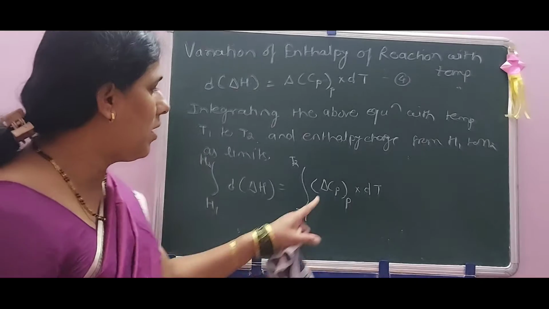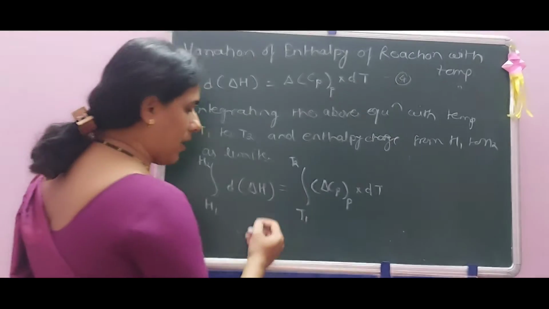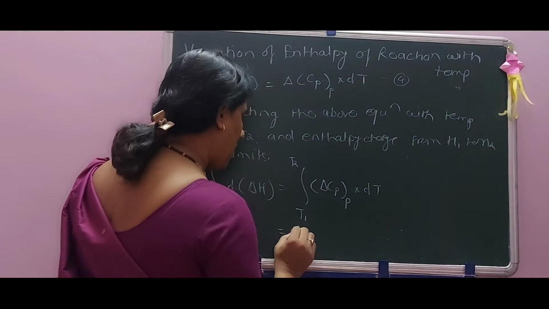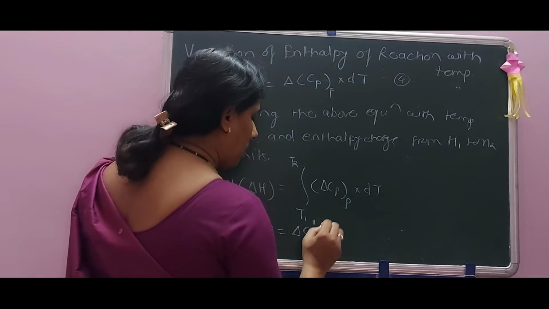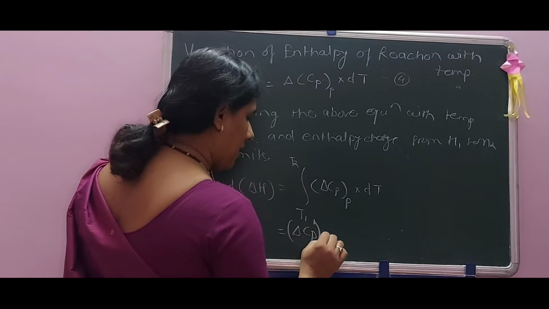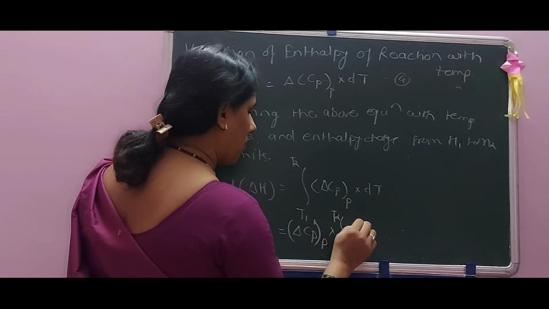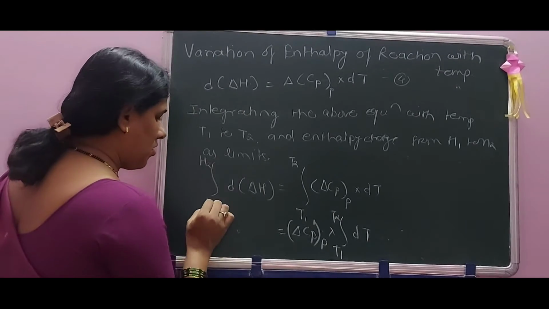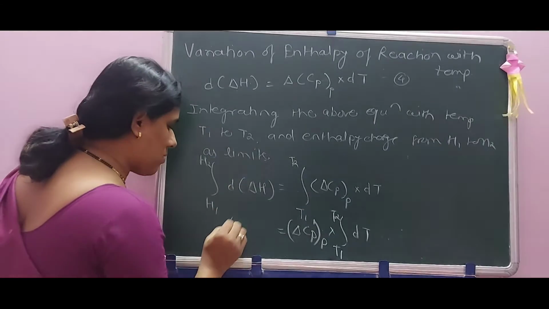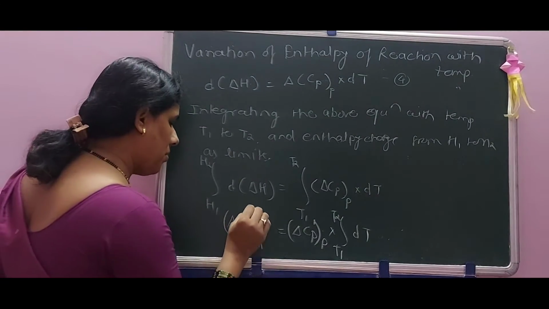We know that molar heat capacity at constant pressure is a fixed quantity, therefore we can take it out. That is delta Cp into the integral of dT from T1 to T2. Here the integral of d delta H is delta H from H1 to H2.